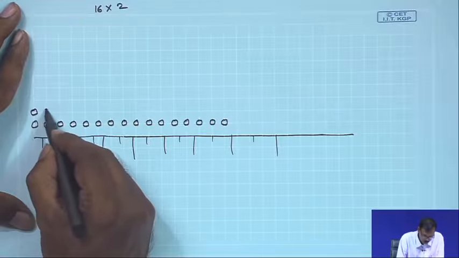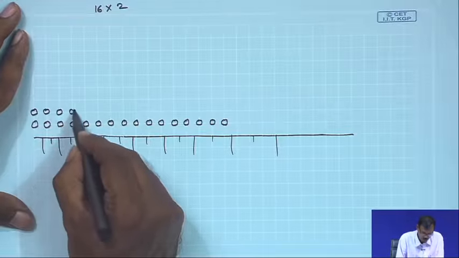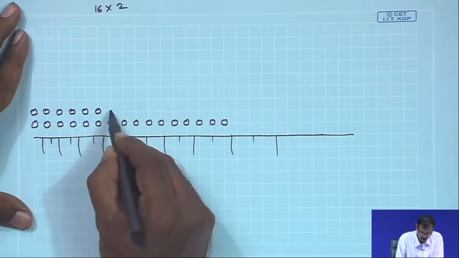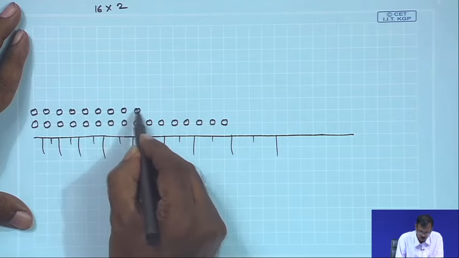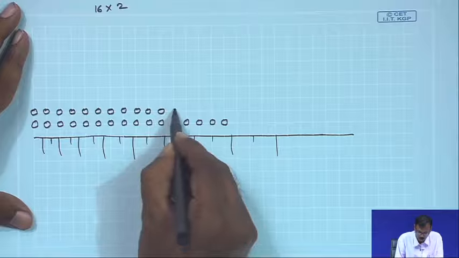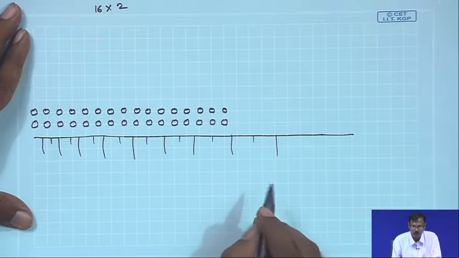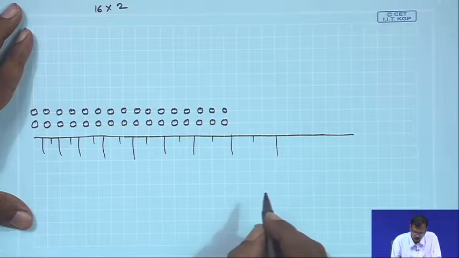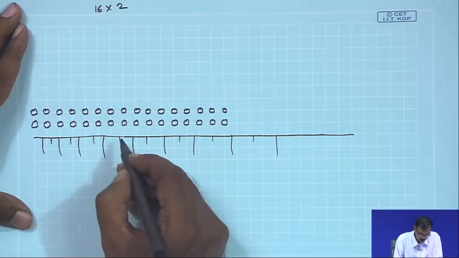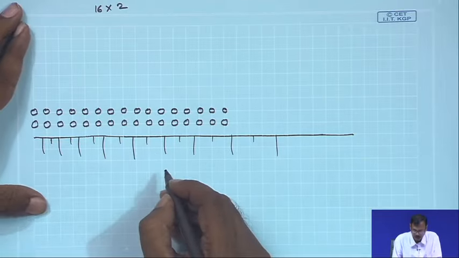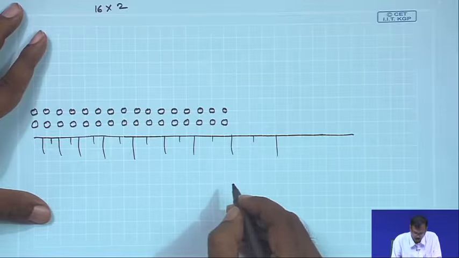So, 16 holes of 2 rows and you have to blast it in extended V cut pattern.